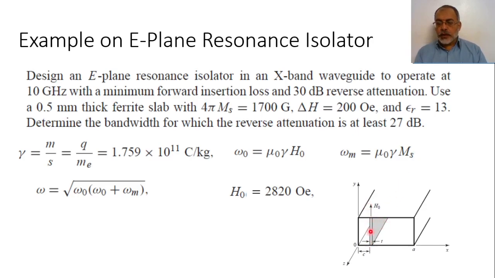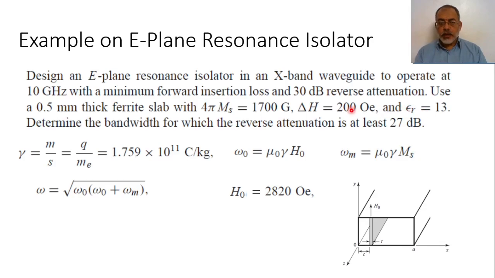What is the biasing magnetic field H naught? So these are the main points which should be determined from here. The given data is the thickness of the slab, the saturation magnetization of the slab, the line width of the slab and the permittivity of the slab.